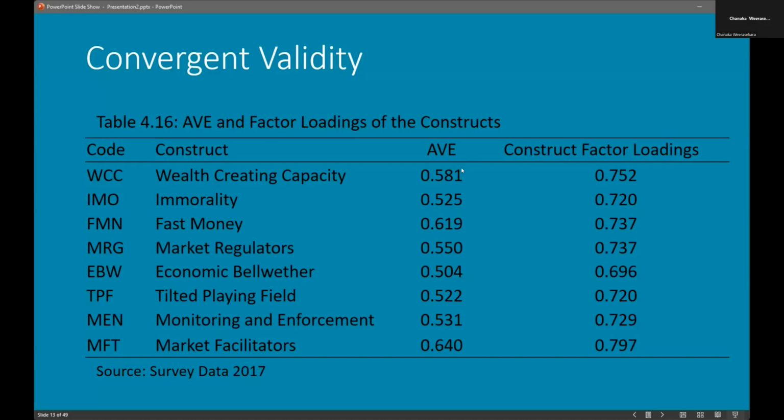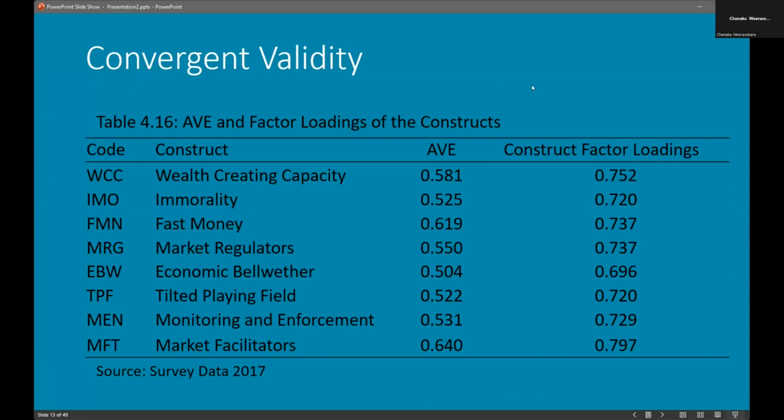So you can see that we have calculated the AVE, average variance extracted. The AVE should be more than 0.5 to consider it has a good convergence. And the construct factor loading should be more than 0.7, which again evidences that the convergent validity is good.